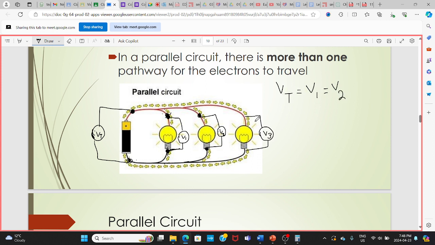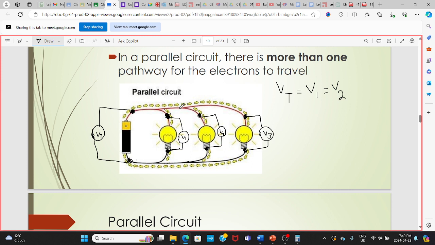How about V3? The voltage across the third light bulb. How does that relate to the rest? Can we say the same thing?